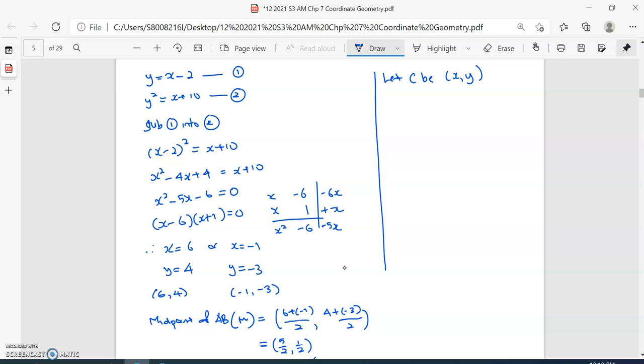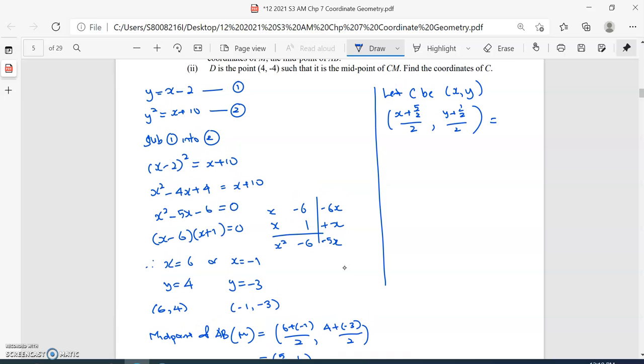I know that if I take x plus 5 over 2 and divide by 2, and y plus a half and divide by 2, this is equivalent to the midpoint (4, negative 4).